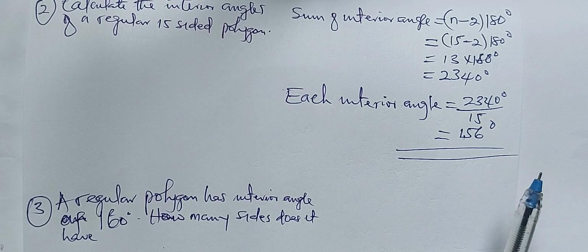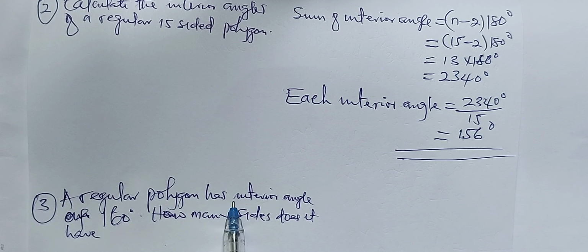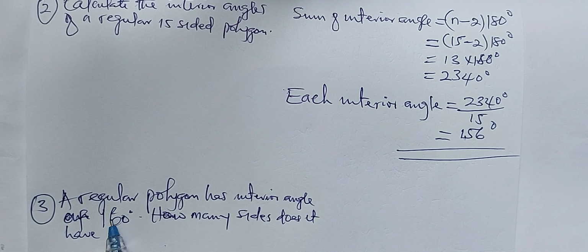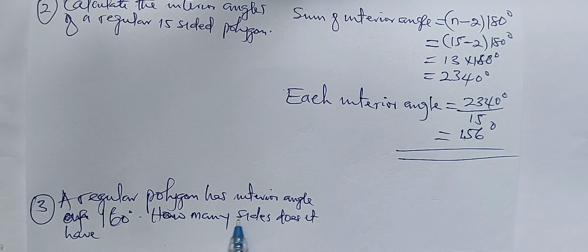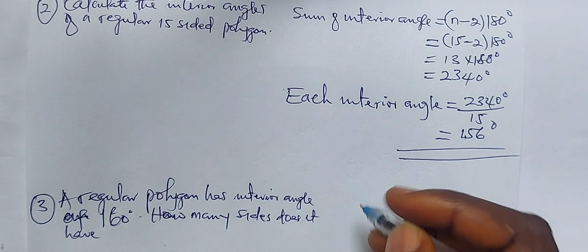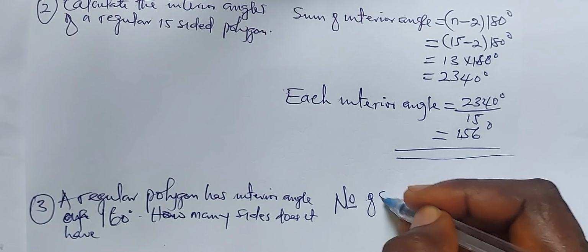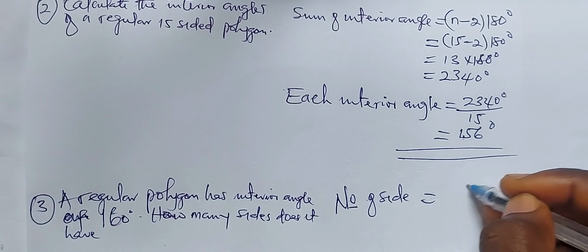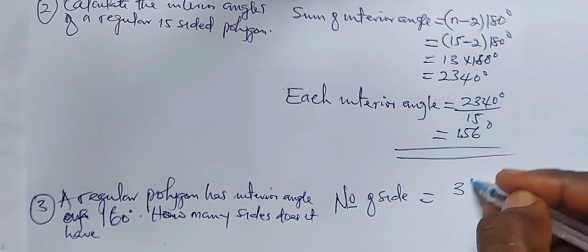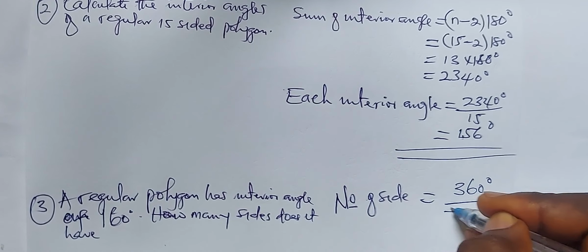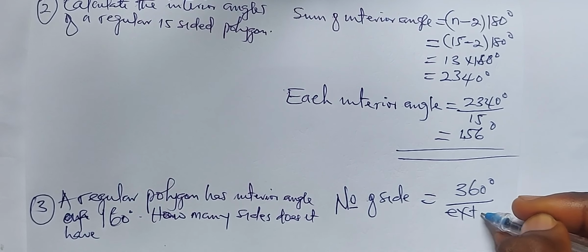So let's do this last one. We have a regular polygon with an interior angle of 160 degrees. How many sides does it have? So we said the number of sides equals 360 over what? The exterior angle.